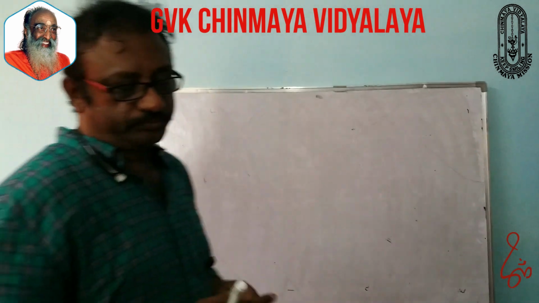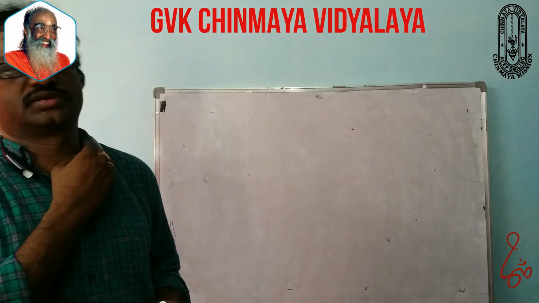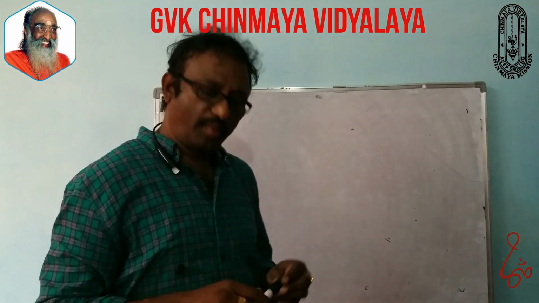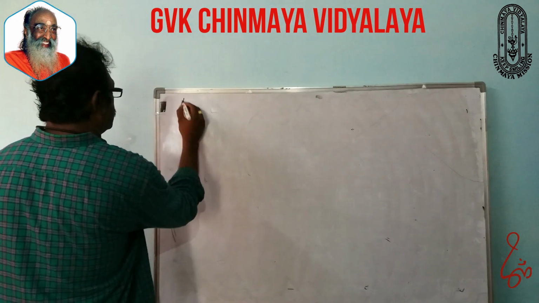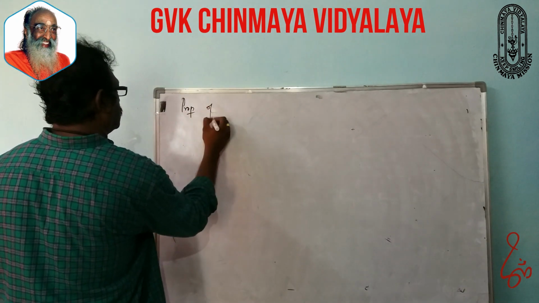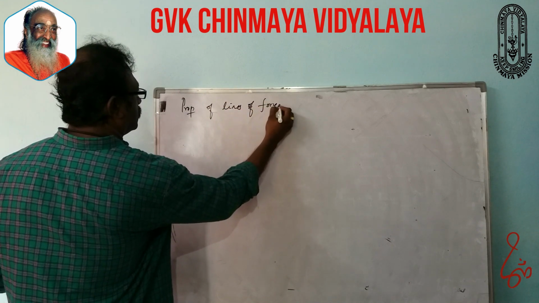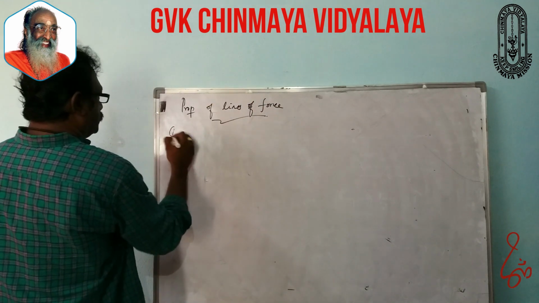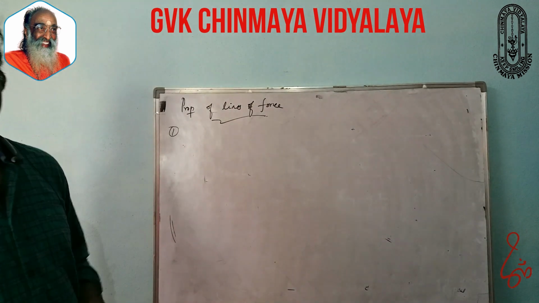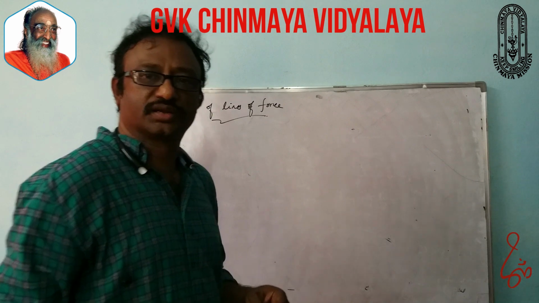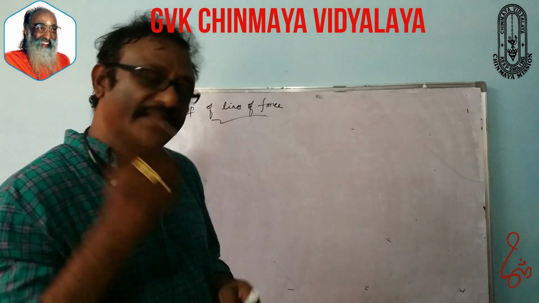Now, after understanding what lines of force are, let us learn about their properties or characteristics. These lines of force always originate from the positive terminal and terminate at the negative terminal.